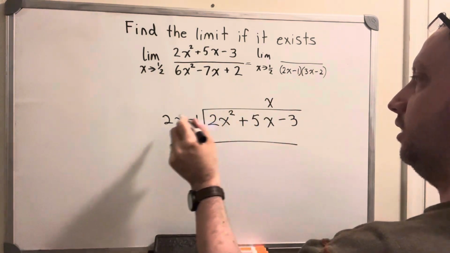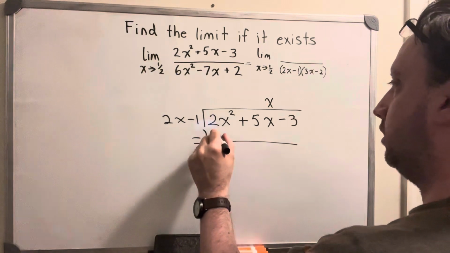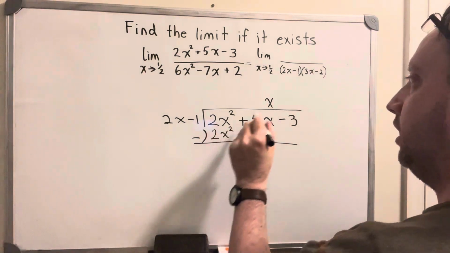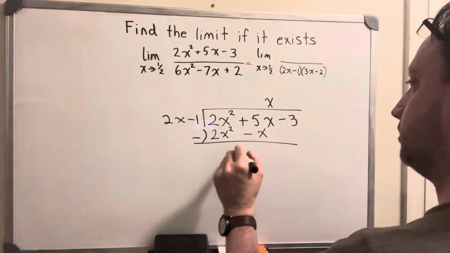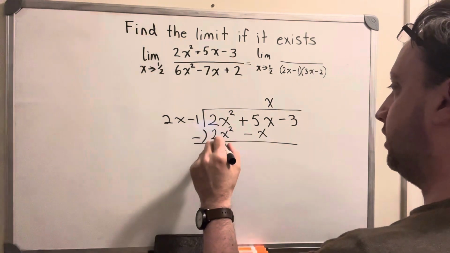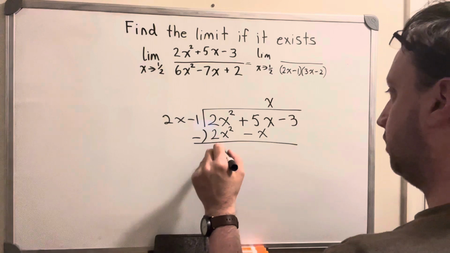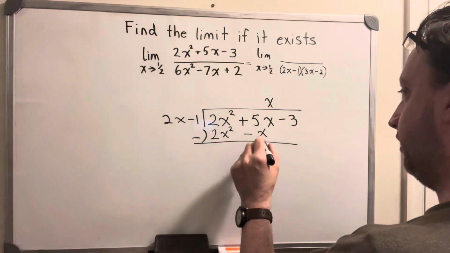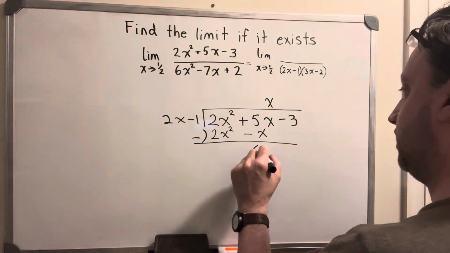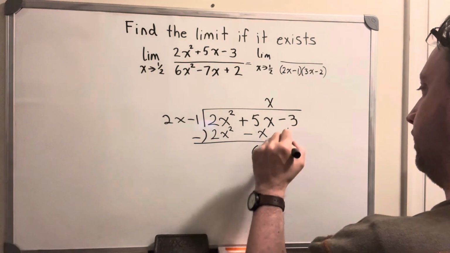Okay? 2x times x is 2x squared. x times -1 is negative x. 2x squared minus 2x squared is 0. 5x minus negative x is 5x plus x, which is 6x. Drop the minus 3.